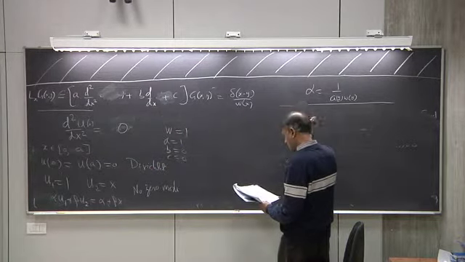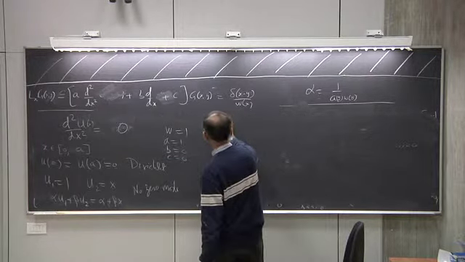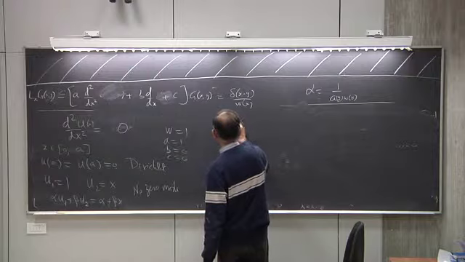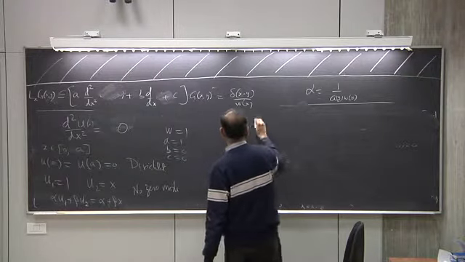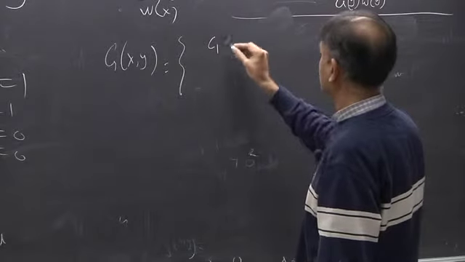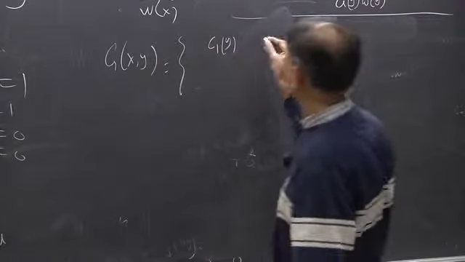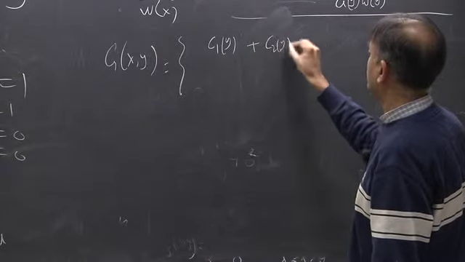Okay. So now let's apply this condition. Whatever the Green's function is, g of x, y, we can choose this to be c1(y) times u1, which is simply 1, plus c2(y) times x.